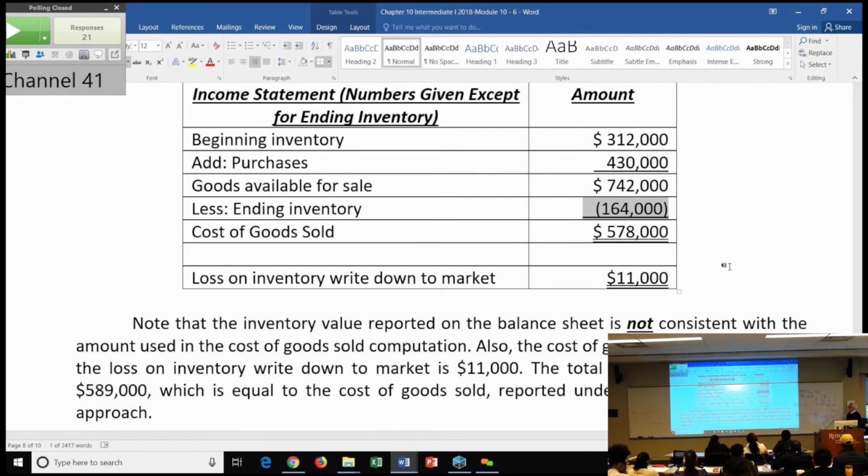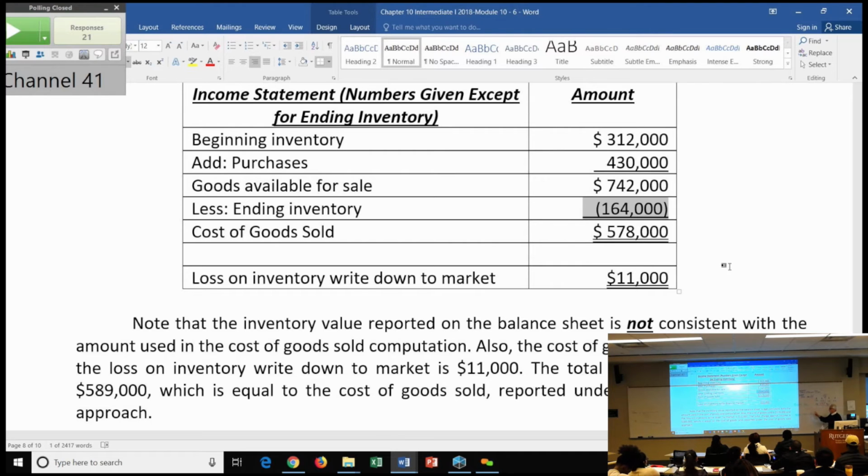So under the direct method or the cost of goods sold method, the loss is in cost of goods sold. You don't see it. Under the indirect method, as they call it, you show the loss, and the cost of goods sold is going to be reduced by that loss. Now I'm just showing you this for the computations. But again, in the indirect method or the loss method, the cost of goods sold is calculated without considering the write-down.